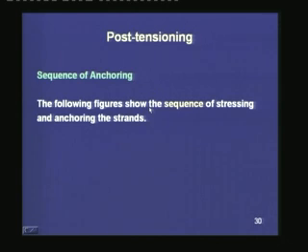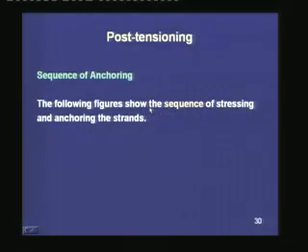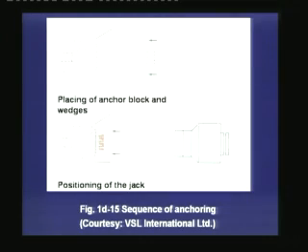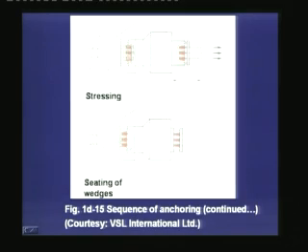Now, the sequence of anchoring is important to have proper anchorage of the strands against the concrete. The following figure will show the sequence of stressing and anchoring the strands. First, after the strands or tendons are passed through the duct, the wedges are placed in the anchor block. Then a double acting jack is placed against these wedges. Next, another set of anchor block and wedges is placed on the other side of the jack.